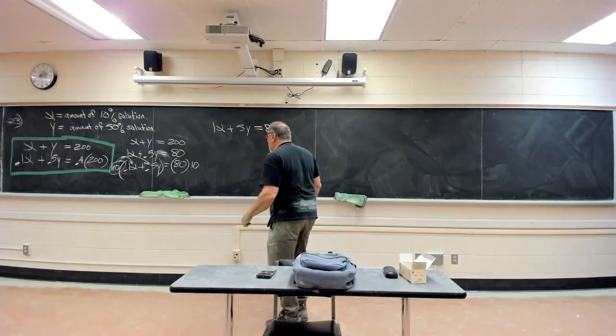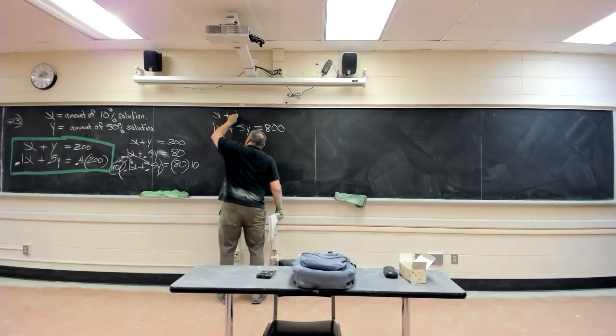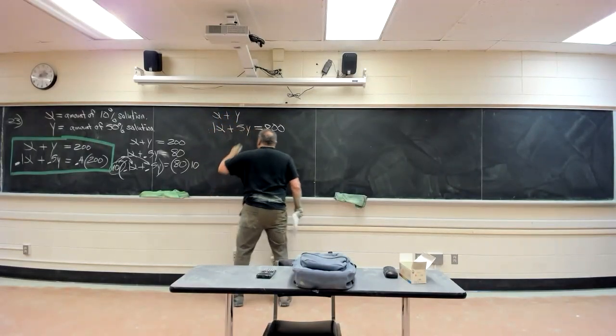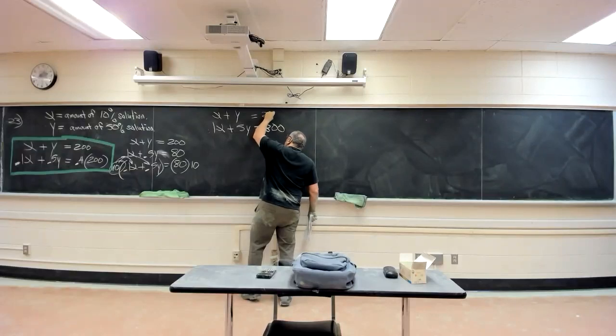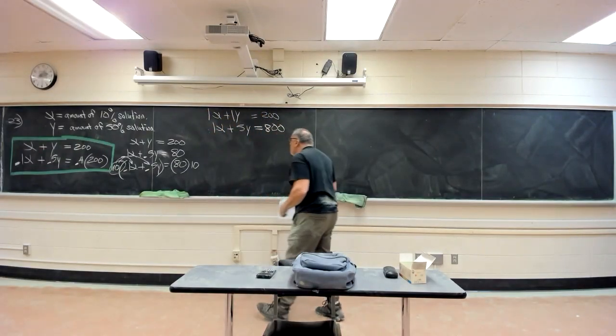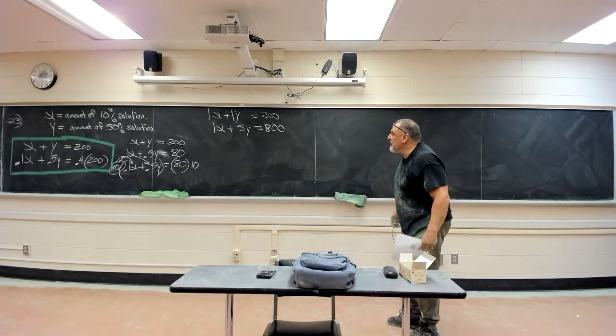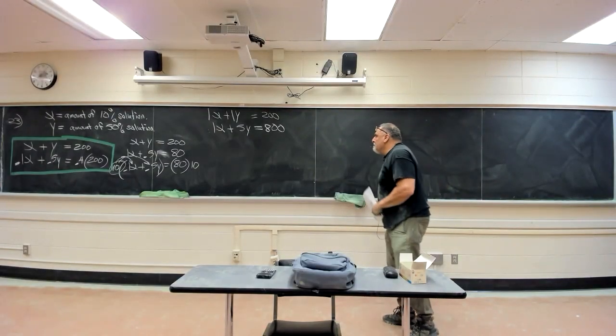This chalk is doing a number on me today, guys. All right, so we got this. The x right here, the y right here, and the 200 right here. This is 1x, this is 1y. And the rest is not too bad. The rest is not bad at all.